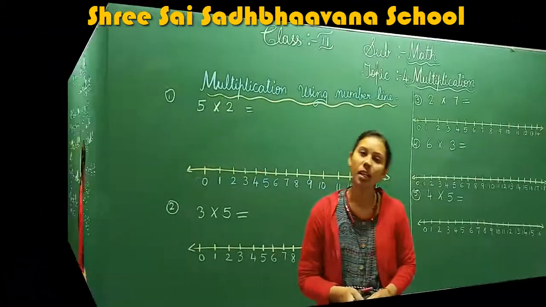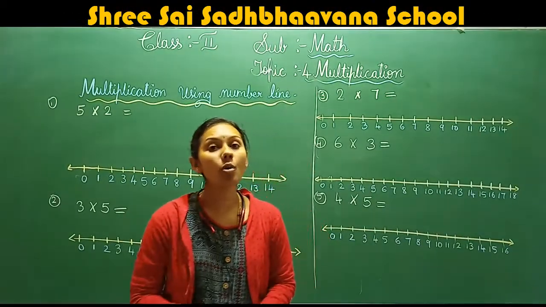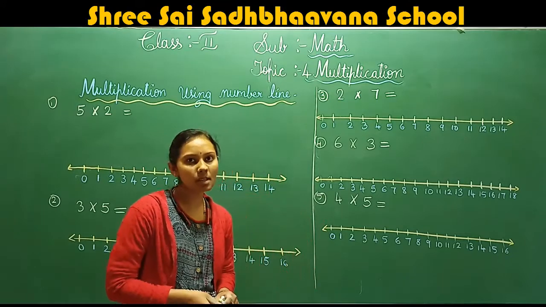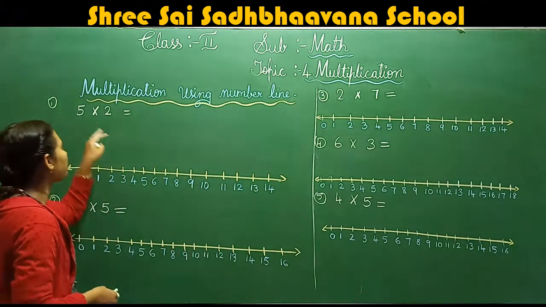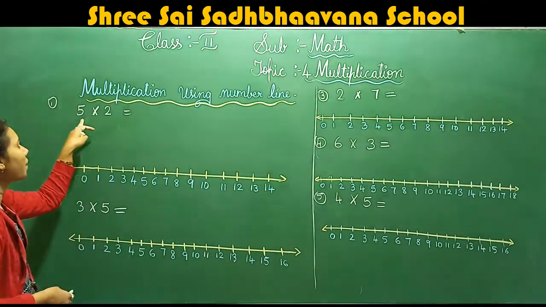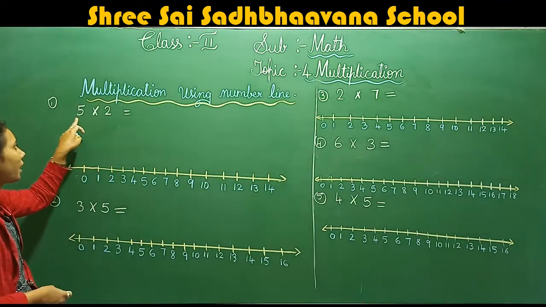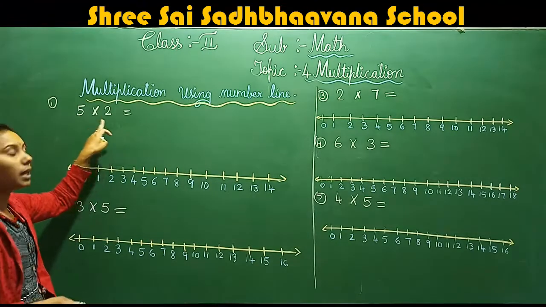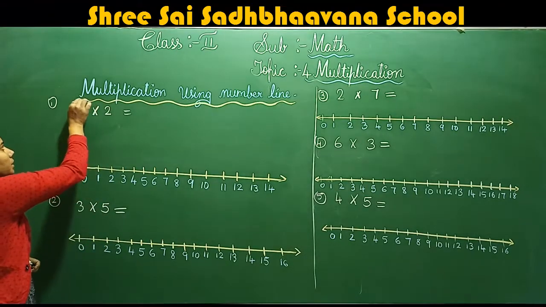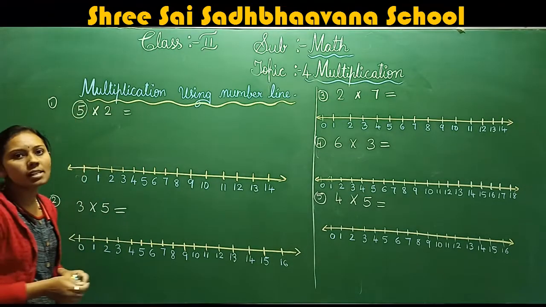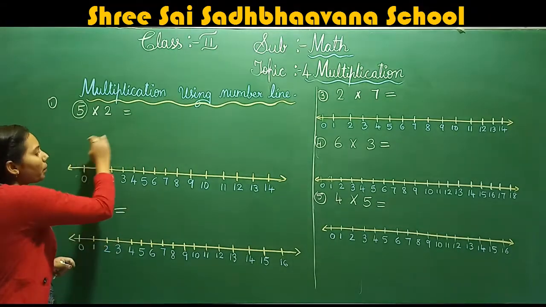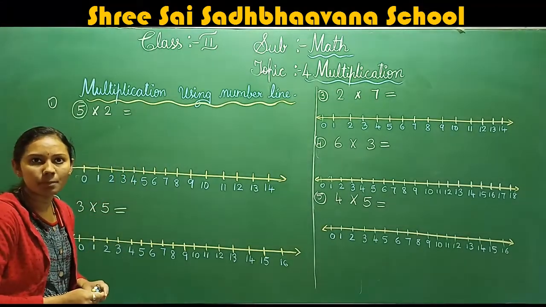Okay children, let us see now how to multiply using the number line. For example, you can see the number here, 5 into 2. The first number, 5, always tells us how many times we have to jump.